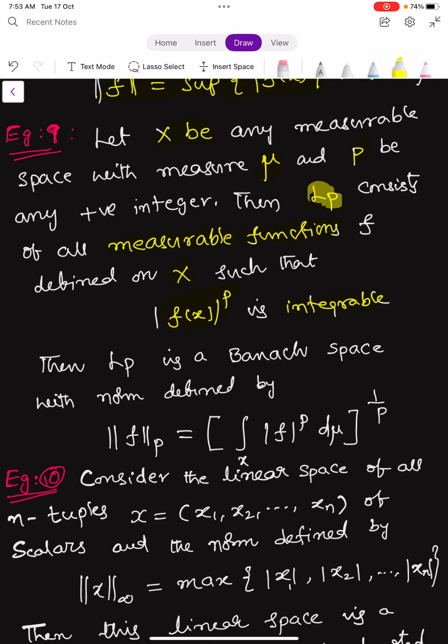Remember that Lp is the set of all measurable functions defined on X such that each measurable function is associated with another function |f(x)|^p which is integrable. Then Lp is also a Banach space defined by the norm ||f|| = (integral over X of |f|^p d mu) whole power 1/p.